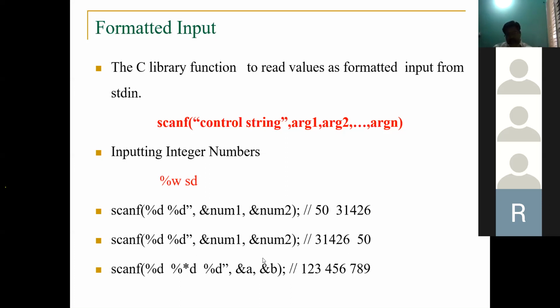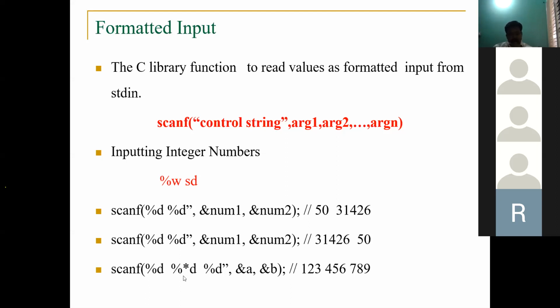Similarly, the second example that I've given where I've swapped these two numbers and given the input. So num1 will be 31, 426, num2 will be 50. But see the third example here, first one being %d, so it just accepts 123. Then I have a space here.